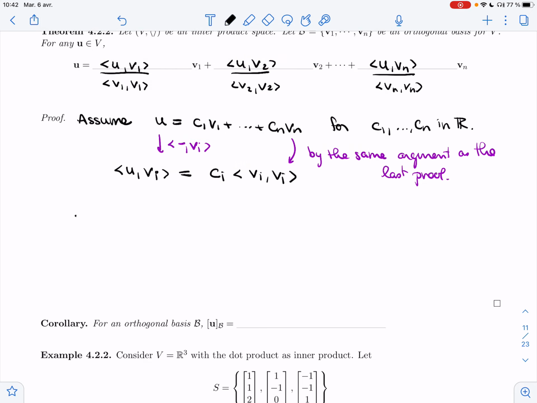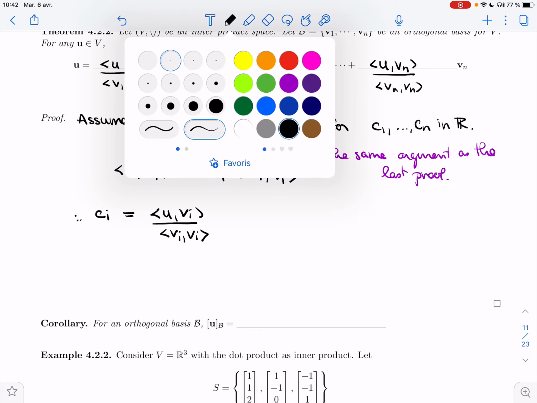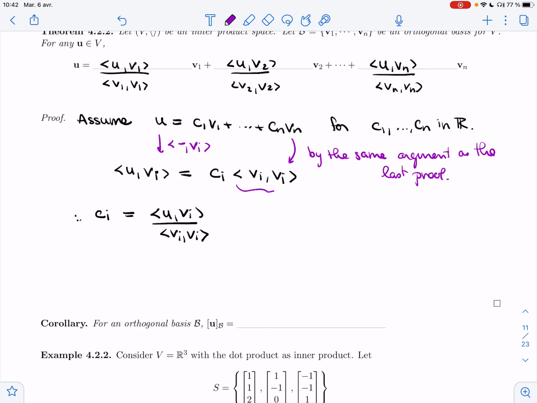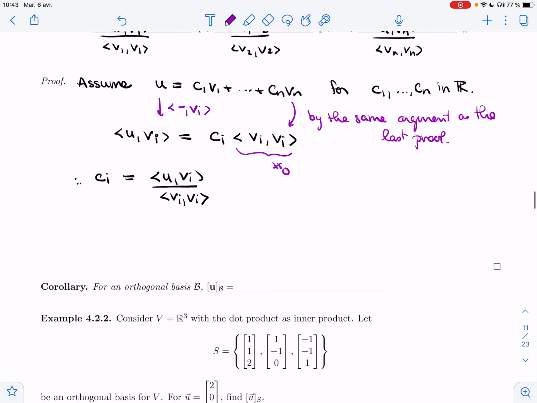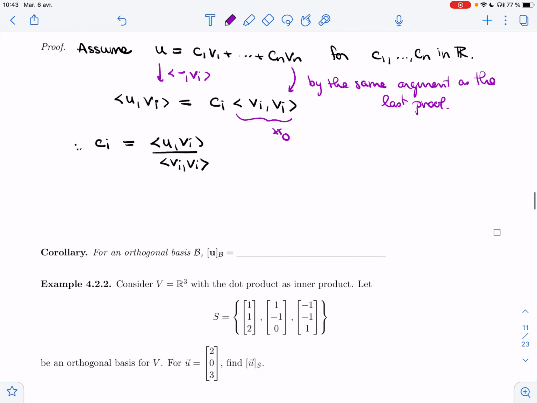And so ci will be U dot Vi over Vi dot Vi. And notice that this isn't 0, and so I can divide by it. Okay, that's it. All right, super simple, super nice.